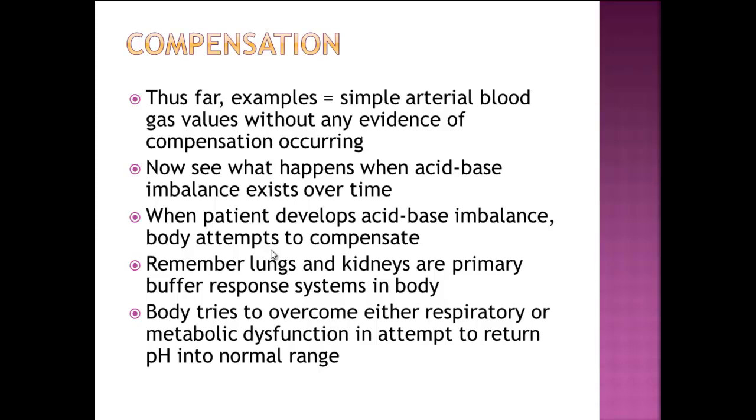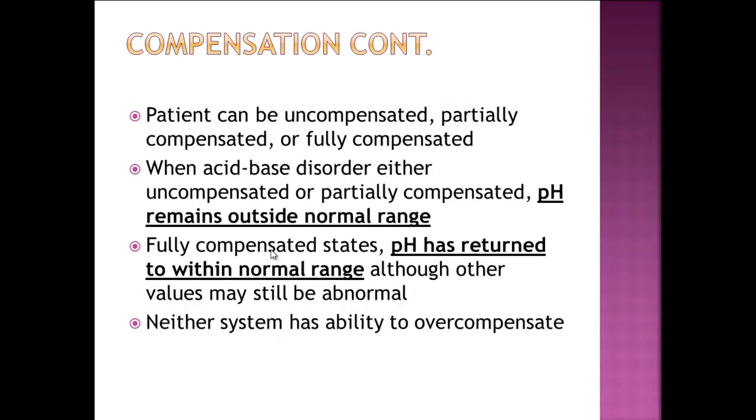Remembering, of course, that the lungs and the kidneys are the main buffer responses that we can determine in the blood gas values. Again, the body will try to overcome the respiratory or metabolic issues to return that pH to normal. So a patient can be uncompensated, partially compensated, or fully compensated.